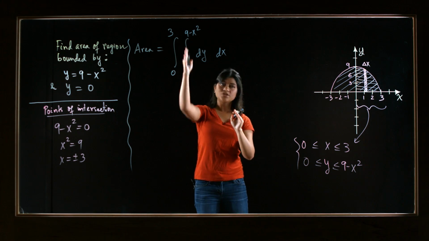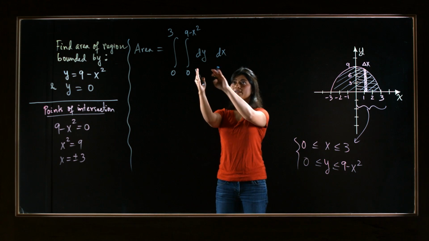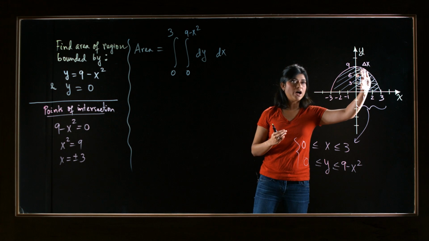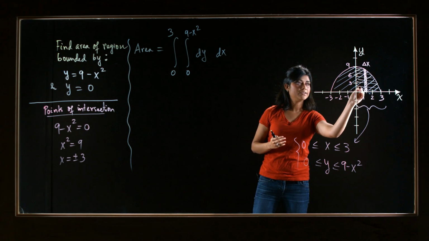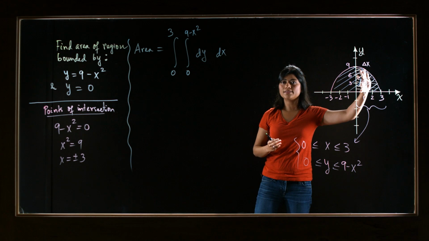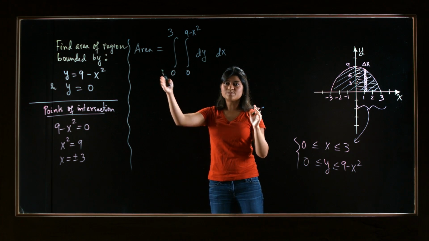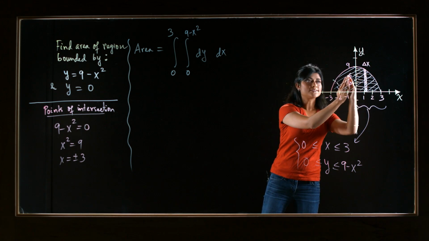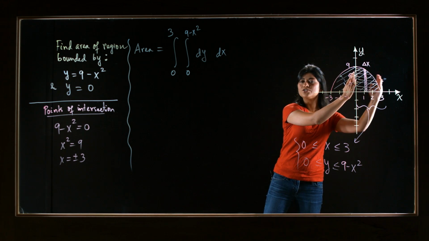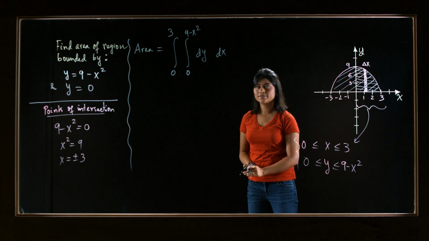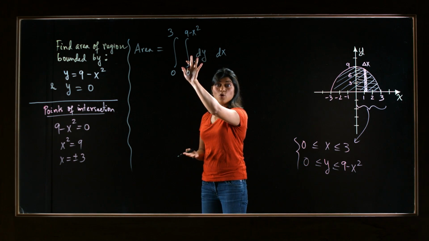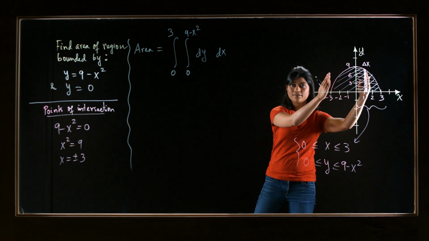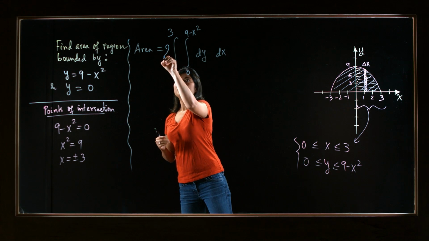Notice that the bounds are all written correctly, and this dy dx actually gives us the area of this one representing rectangle, right? dx is the width, dy is the length. And integrating means basically adding. So we are adding all the areas of all these rectangles in the half of this region. So that gives us the total area. So this is the correct setup, but this is only going to give us half the area, remember? So to get the entire area, we just have to multiply it by 2.